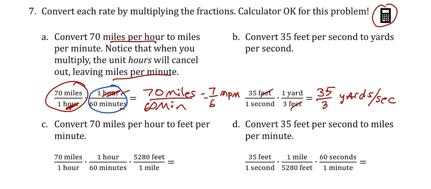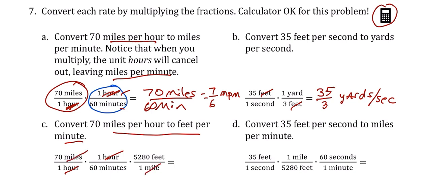Okay, let's go to the next one where it's a little bit trickier because there's some bigger numbers. But what we're going to do here is we're trying to convert miles per hour to feet per minute. So we need 2 conversions. So the first one, if you think about it, the hours cancel again, but we also want the miles to cancel because we want to convert it to feet per minute.